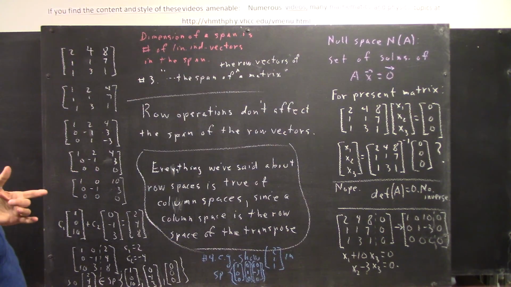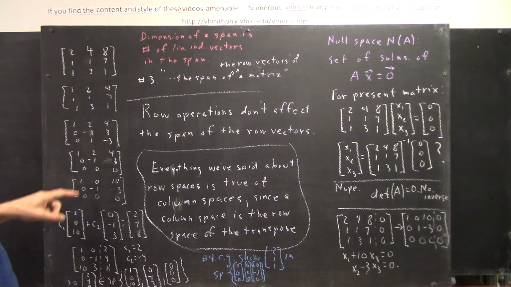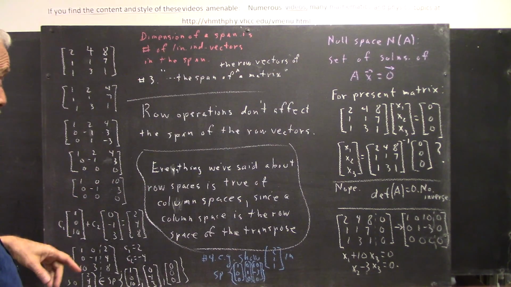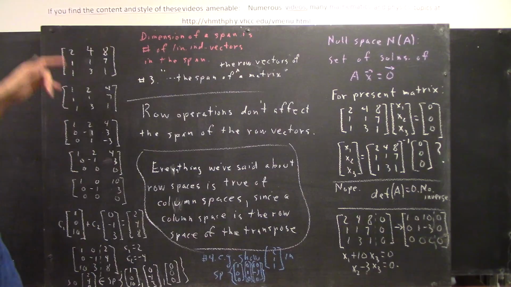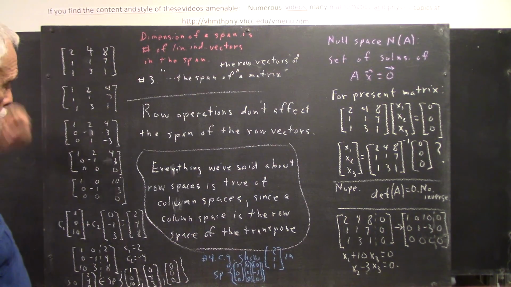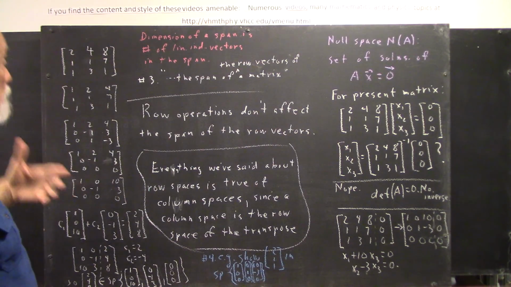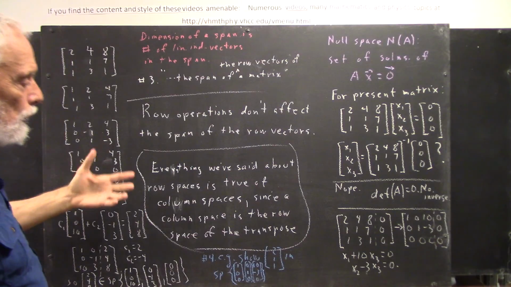If I wanted to show that these three column vectors are spanned by these three columns, I can easily do it. Just transpose this matrix, then reduce it, and transpose it back. And we will have established it.